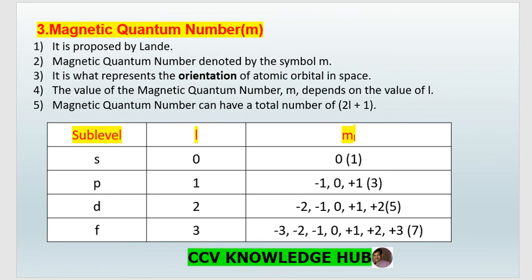There are 3. For the d orbital, L value equal to 2, so m values are minus 2, minus 1, 0, plus 1, plus 2. For the f subshell, L value 3, and the m values are minus 3, minus 2, minus 1, 0, plus 1, plus 2, plus 3. So a total of 7 orbitals.